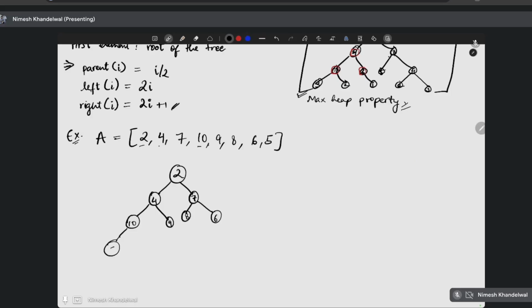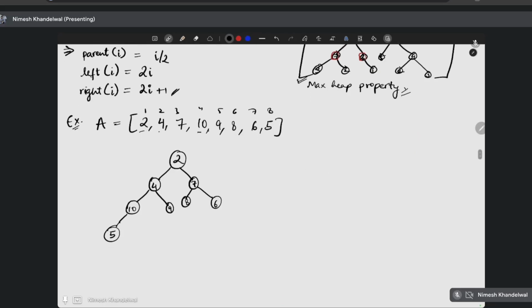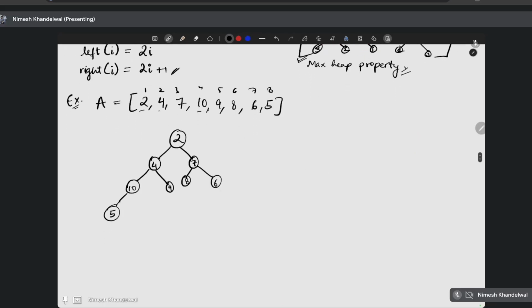For 10, it will be 5, right? Because 10 is at location 4. So 2 times 4 is 8. And we only have 8 elements. Right? So this is currently the binary tree, right?